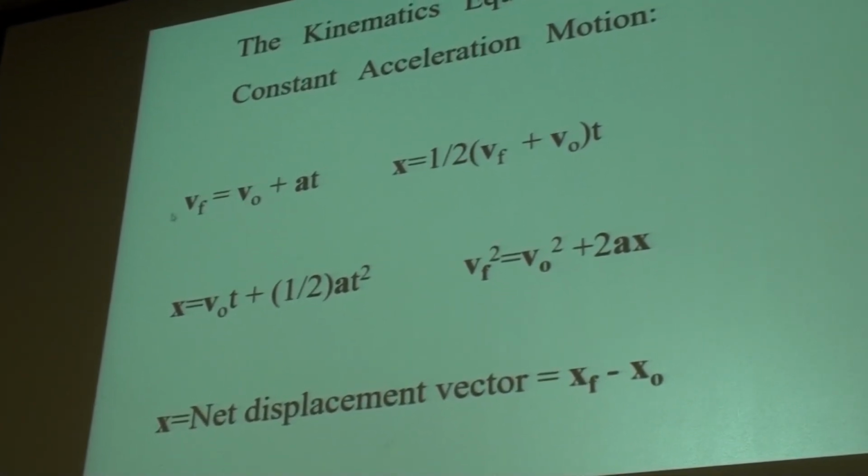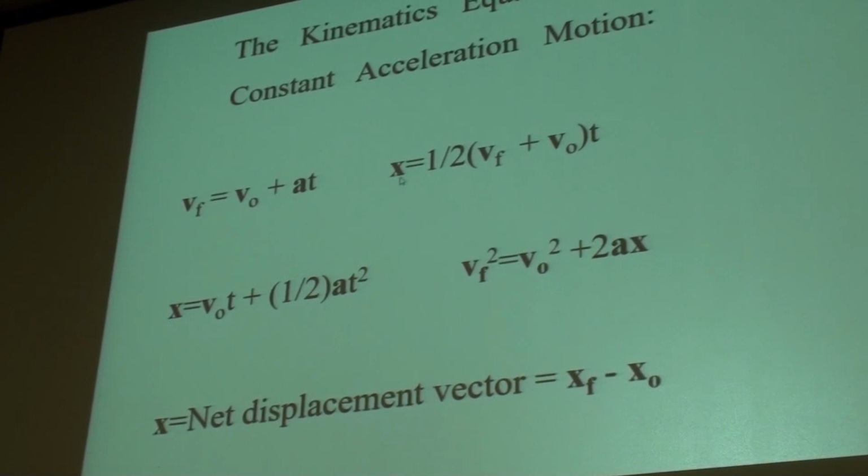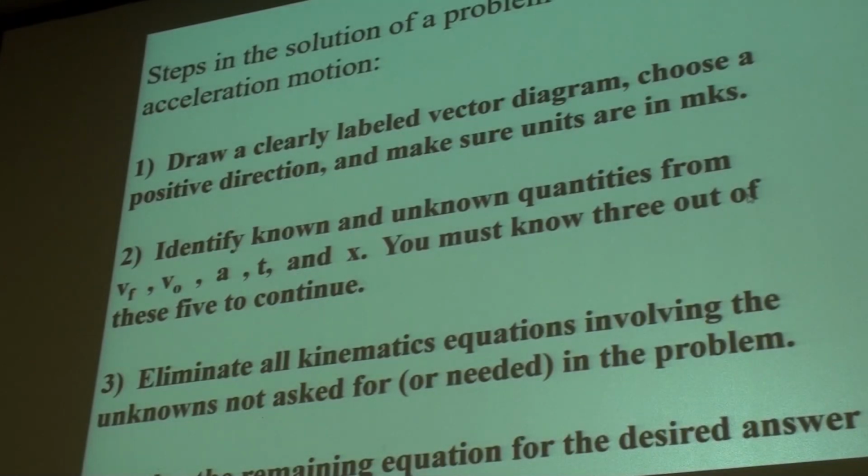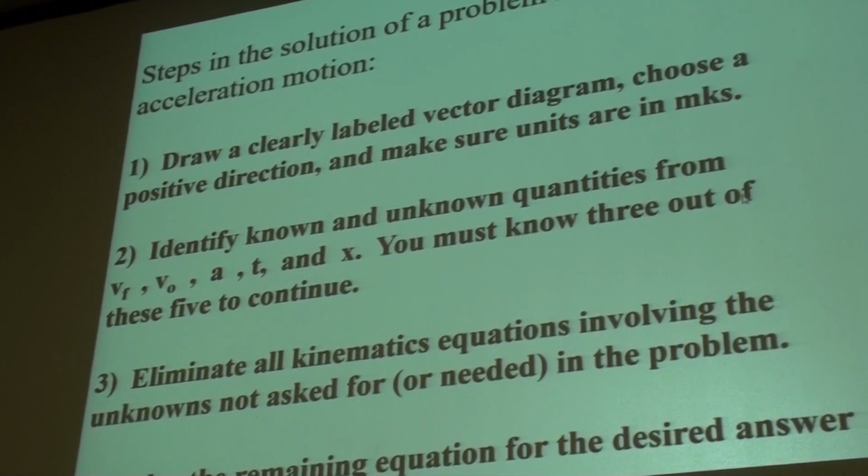Now here we're using bold lettering to indicate vectors rather than having the arrow over the quantity. And here's our net displacement vector, which is x final minus x initial. That's what we're calling x here. That's our total displacement.